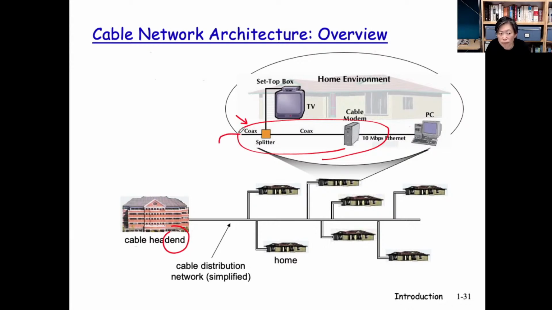If there's signal coming in, the splitter here will check. If it's TV program, it will go on this way. If it's internet data, it will go on this way. And the cable modem will convert it to the format that's readable from our PC, and therefore you read the message from your friend. And similarly going out the other way, right?